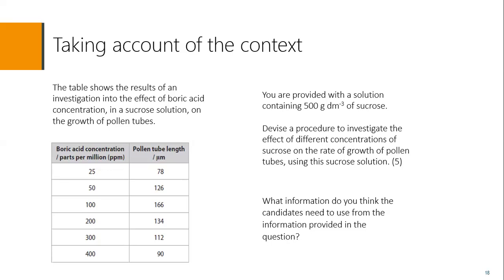Before we think about what they might actually write, we need to think about what information they're taking from the context and what they are taking from the knowledge they already have. So can you all put in the chat box the information you think the candidates need to use from the information provided in the question?